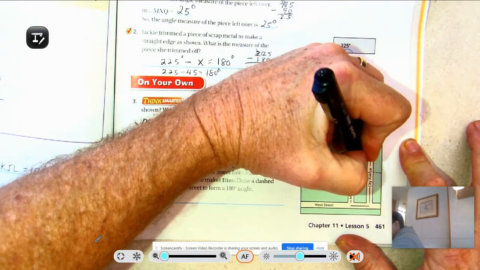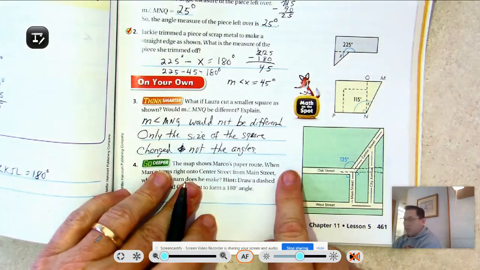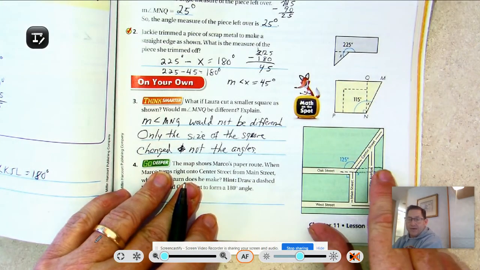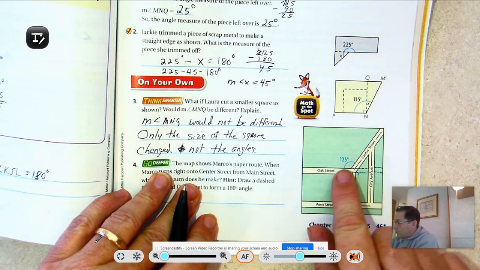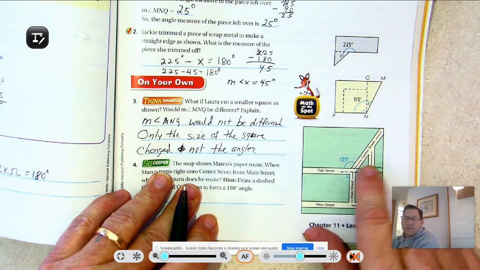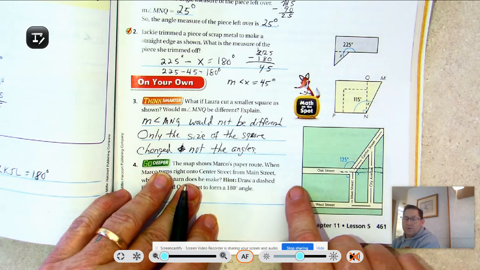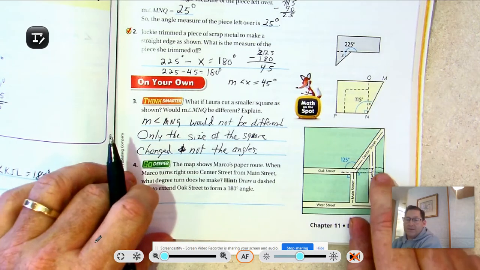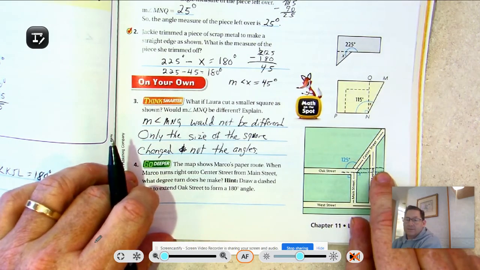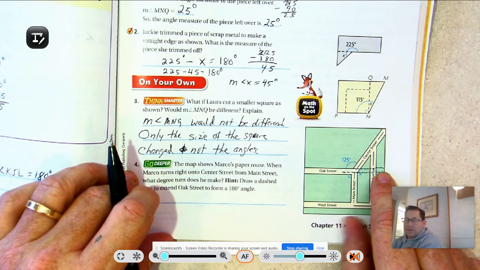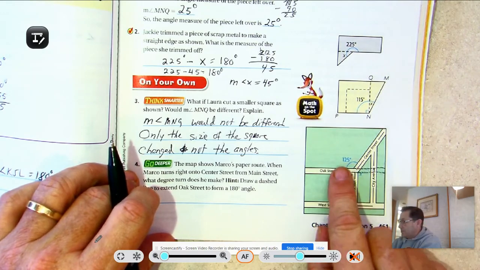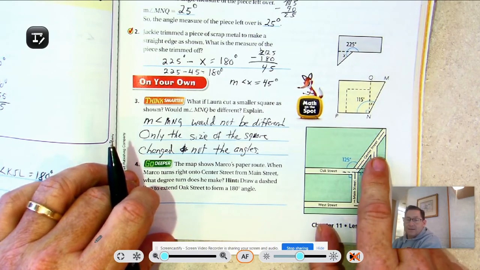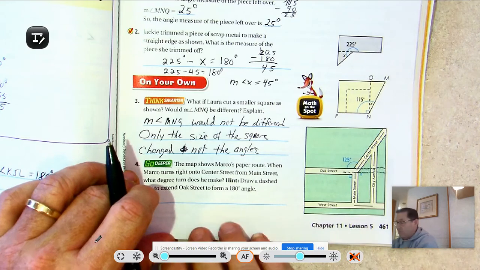Actually, we can make the line up here. Okay, so Oak Street would be 180 degrees. So far, Oak Street to Center Street makes a 125-degree angle. Well, what do we know about 180 degrees? A straight angle is 180 degrees. So this missing piece added to 125 has to be 180.